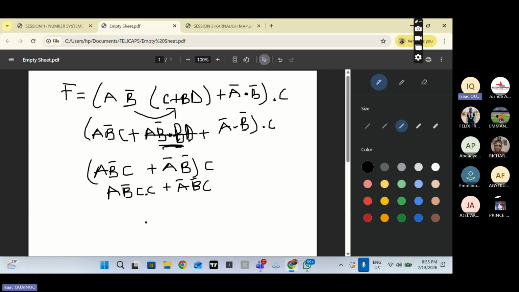So according to our Boolean laws, we know that if a variable multiplies itself, the return value is that same variable. So we have our C falling back again. So we have A, B prime, C plus we have A prime, B prime, C. Please, any question at this point, or we can progress.